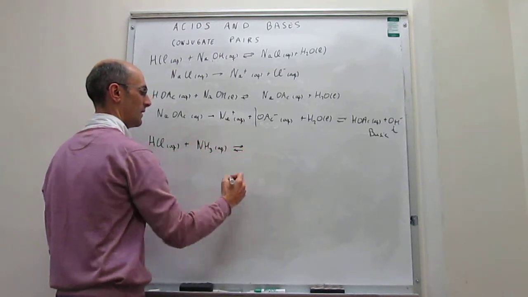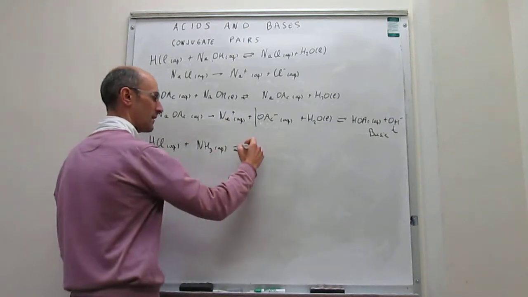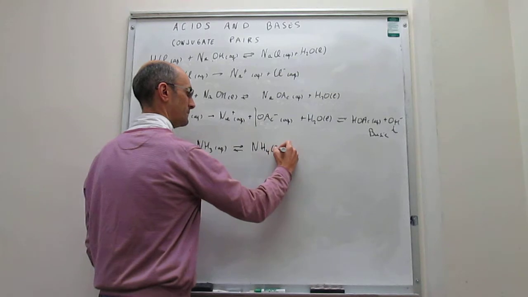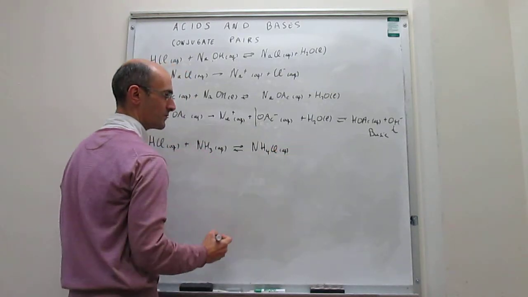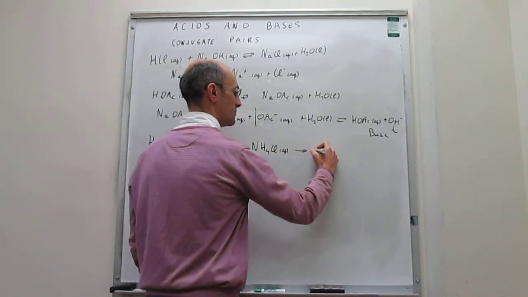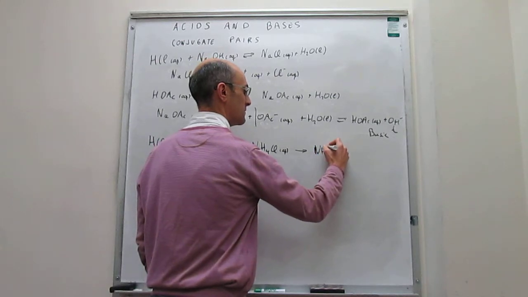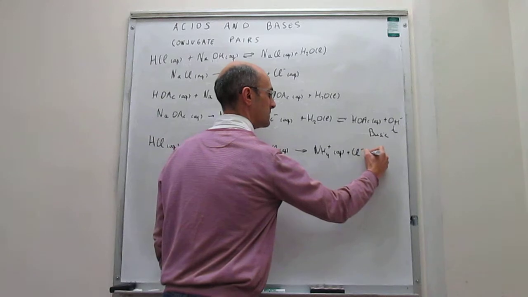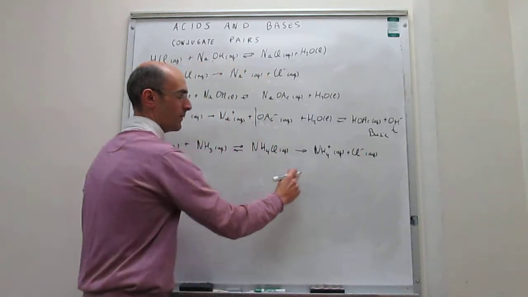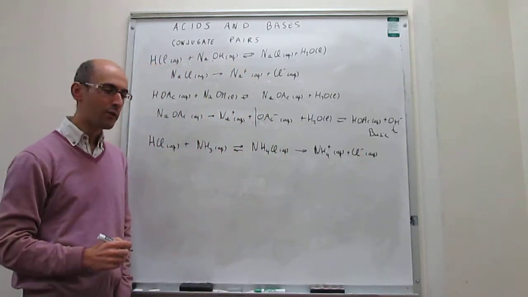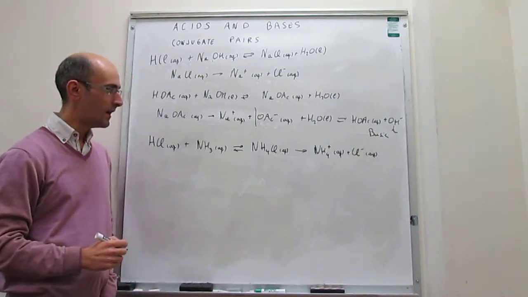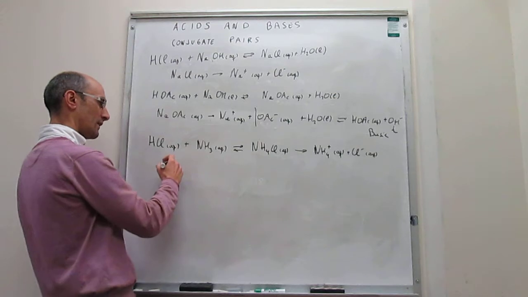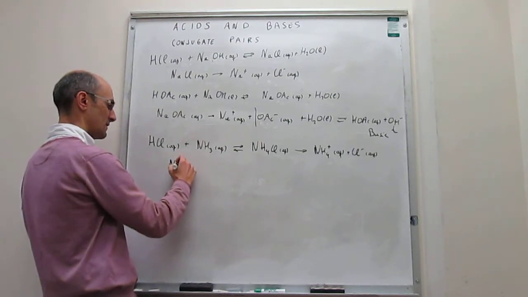Alright, so the reaction will generate ammonium chloride, which of course in water dissociates to ammonium ions and chloride ions. Now, these ammonium ions are the conjugate acid of a weak base, which is ammonia. Okay, so they will have acid-base properties as well.